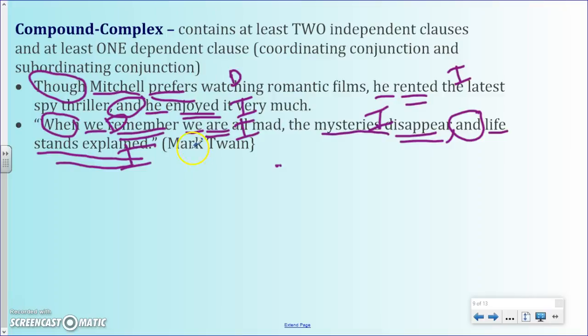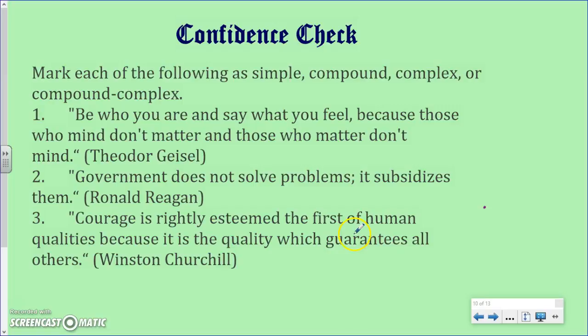Okay? I'm going to go ahead and throw up what I call a confidence check here. These sentences, I want you to write them down in your notes. I want you to underline the subjects and the verbs. And I want you to label the independent and the dependent and get used to that. We are not going to explain these or discuss these in class because I'm actually going to use these as questions here on the video.